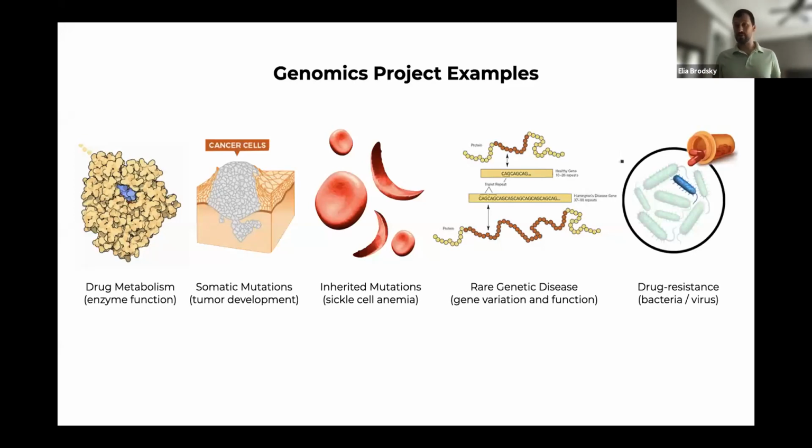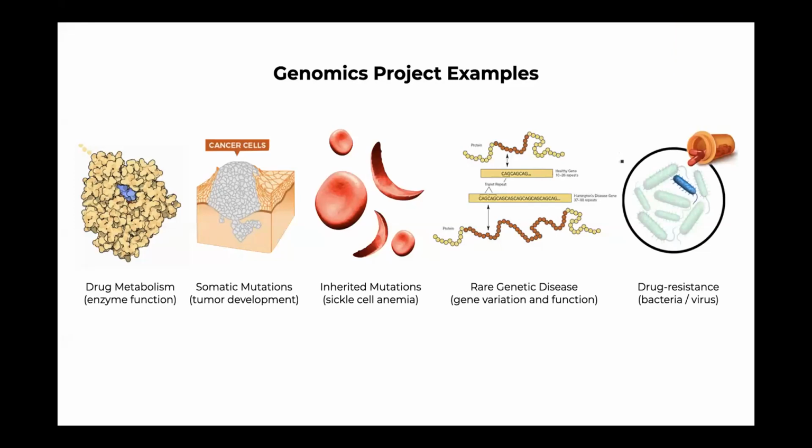That has to do with cancer. A lot of cancers are associated with what's called somatic mutations, mutations that accumulate as the cells divide. And as they accumulate, that might disrupt some of the regulatory networks that control different properties of cells and make them into what they are, causing tumors to grow and causing them to spread or metastasize. That has to do with inherited diseases, and those inherited diseases could be a result of many different environmental factors over a long period of time, as well as rare genetic diseases.